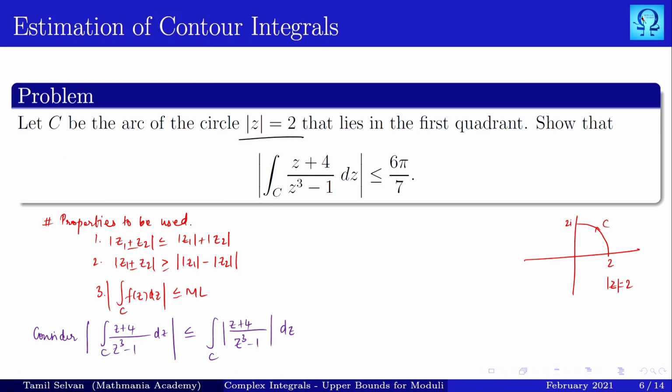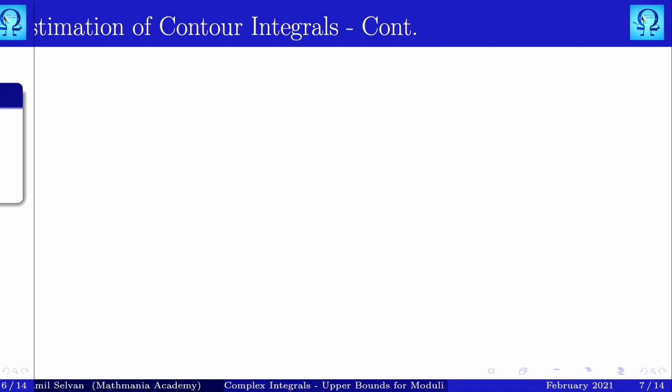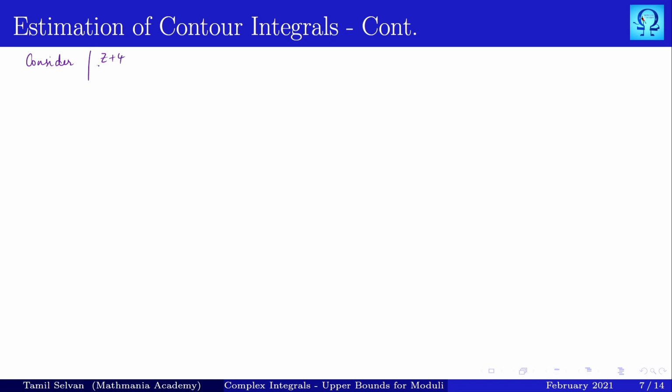Let us mark this as equation 1. And now consider absolute of z plus 4 upon absolute of z cube minus 1.